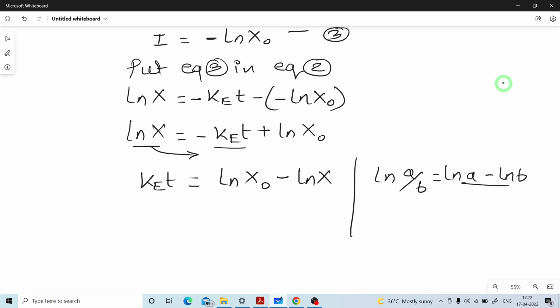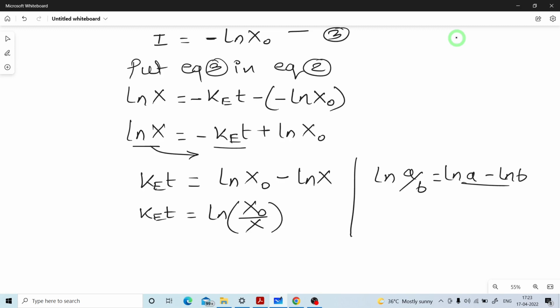If we revert this formula and apply it over here, then this entire term can be written as ke t is equal to natural log of x0 upon x, right?